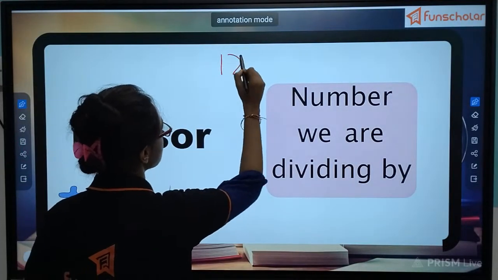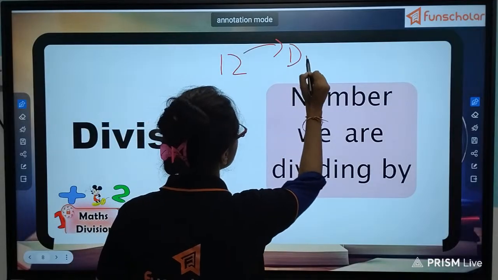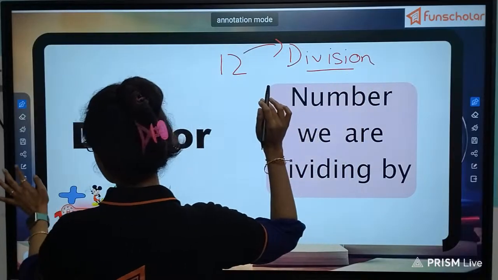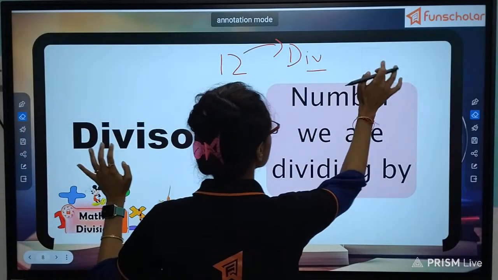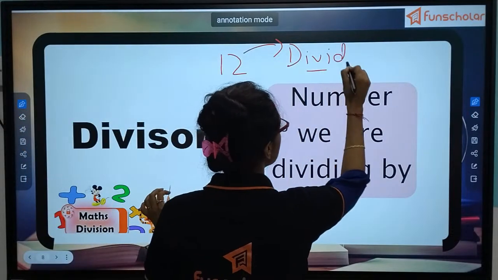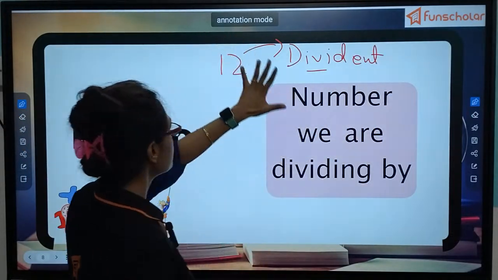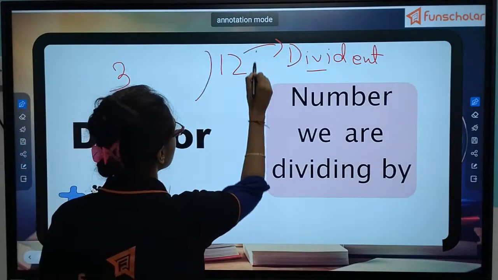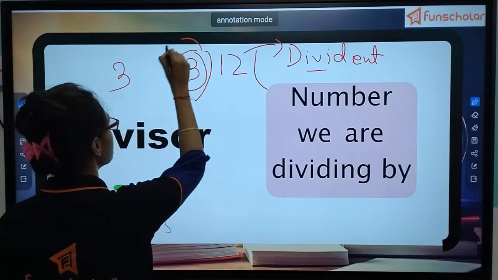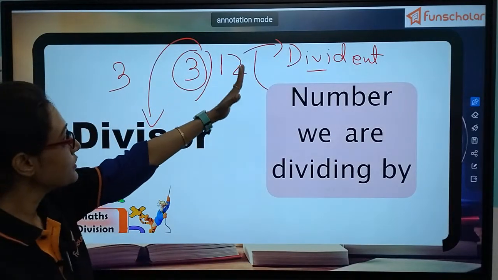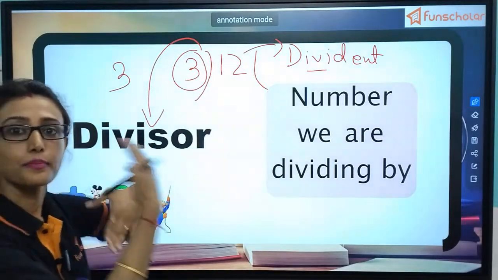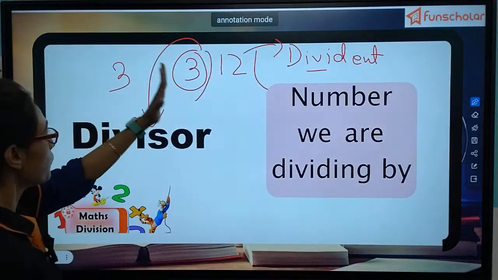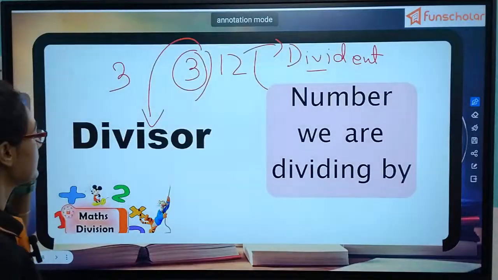So if 12 was the dividend and I want to divide these 12 candies among 3 friends, here 3 will be the divisor. I am dividing 12 by 3. So 3 is basically the divisor. Okay? Understood what is divisor and what is dividend? Now next.